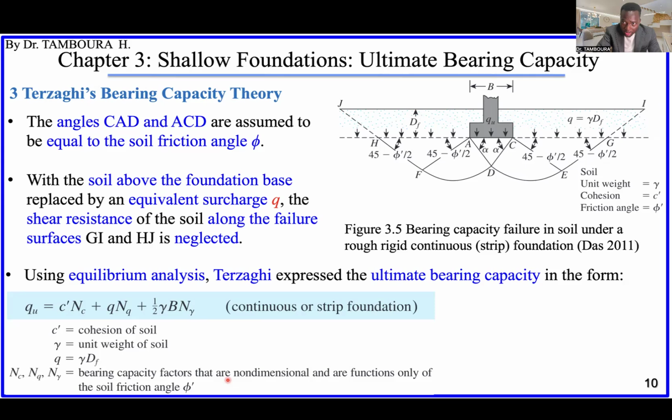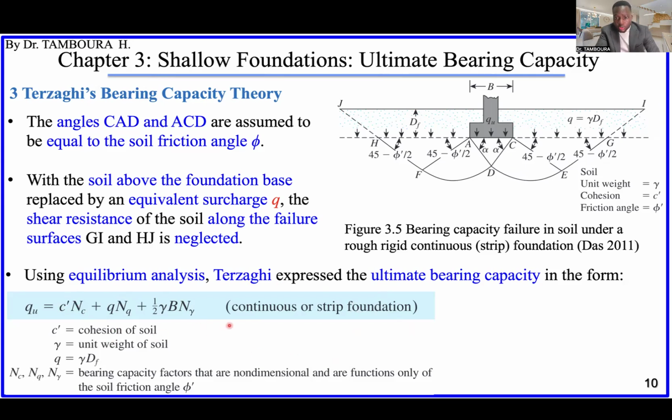It means these three bearing capacity factors can be determined only by using the friction angle of the soil. Okay, so for this part of this chapter, this is the key part. This is the thing you need to understand.